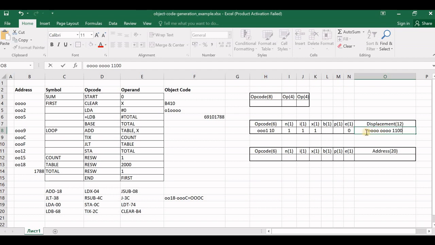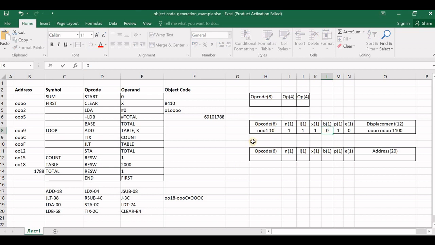But how many bits is displacement? Displacement is 12 bits. So mask the remaining higher bits with all zeros and represent 12, that is C, as 1100. So how did you get this 000C? Which value have we made use of, the base register value or the program counter register value? We have made use of the program counter register value. So p value will become equal to 1 and b value will be equal to 0.